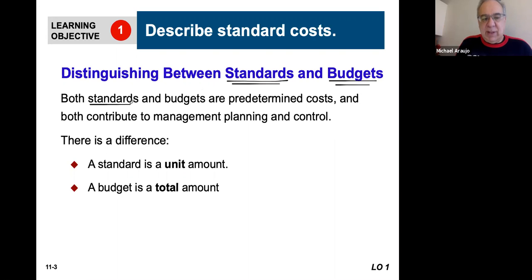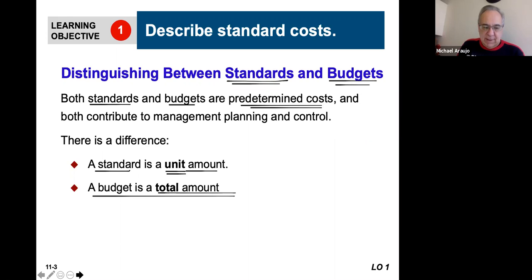But whether we talk about a standard or a budget, we are looking at a predetermined cost, and it helps management plan what to expect and then how to control all of that. The difference you have to know is a budget is for a total amount to get something done, where a standard is simply about a unit amount to get one unit done. So that's where we're going to be focused on standards here.